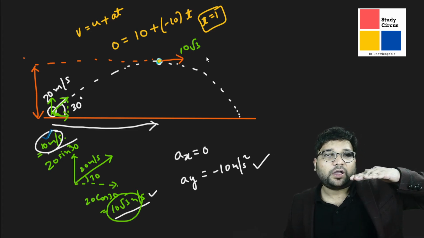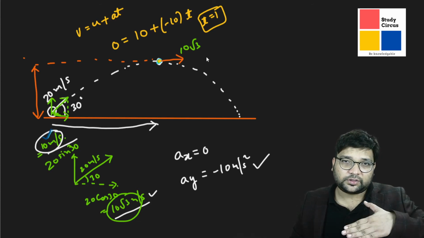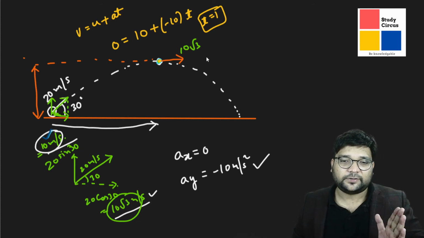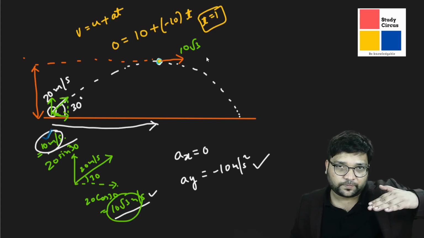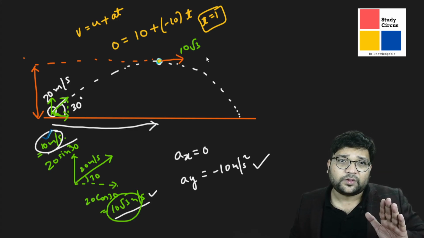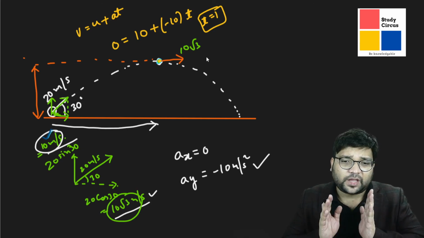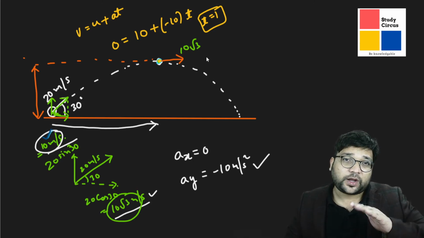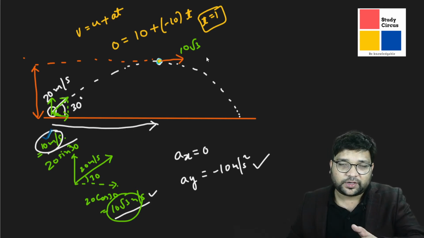As I said, we can treat the vertical direction and the horizontal direction independently. In the vertical direction the speed became 0. We found out the time, and we know that the point where the vertical speed becomes 0 is the topmost point, right?